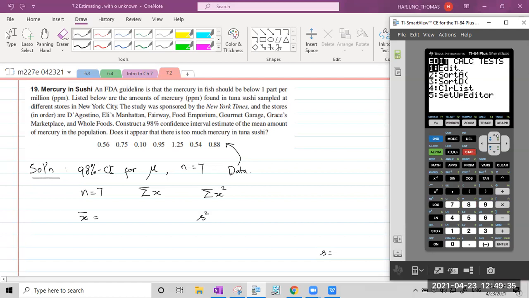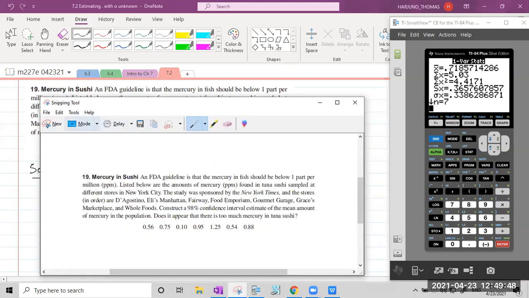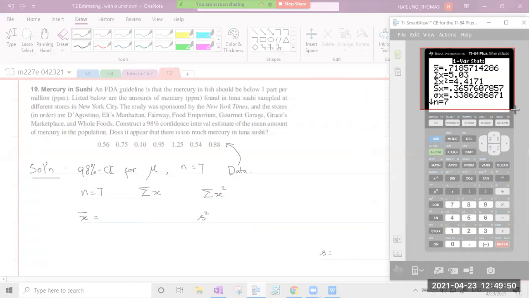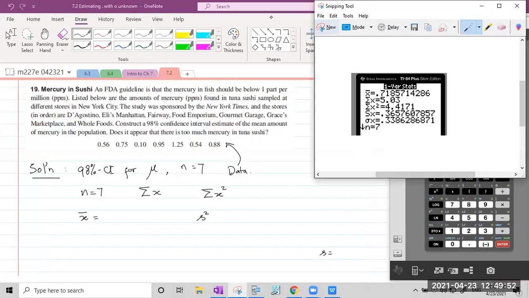Now I go to stat, calculate, one var stats. Right now I need to change this to list number 2, not list number 1 anymore. So this is my data, my statistic.